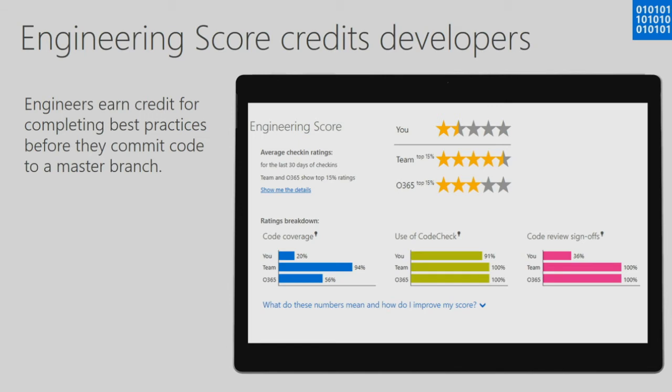Every developer in Office 365 gets an engineering score, and he also gets a view on how he is scoring compared to his peers and compared to the overall Office 365. This is super interesting because the managers care about it, and it is taken seriously during our annual review rewards discussion. Because it really matters, it affects the money, every engineer takes it seriously too, and the best practices are followed.